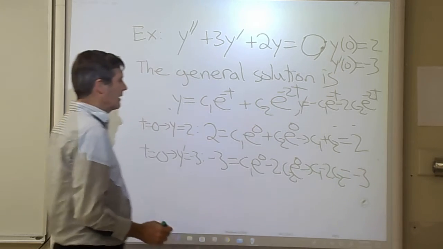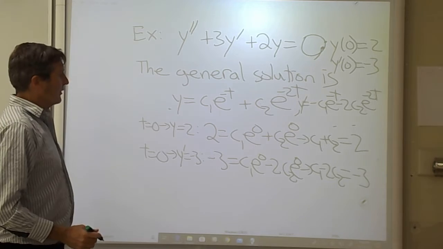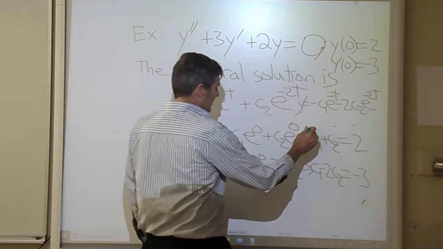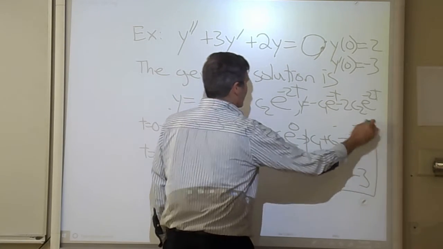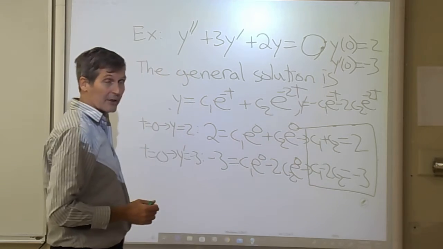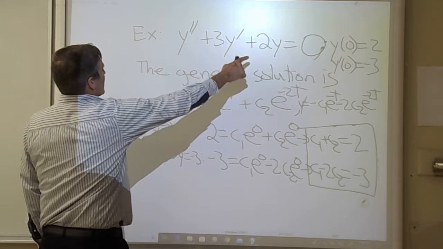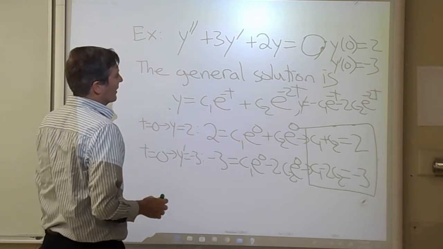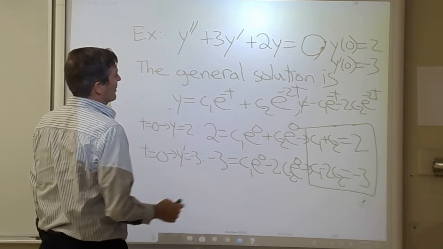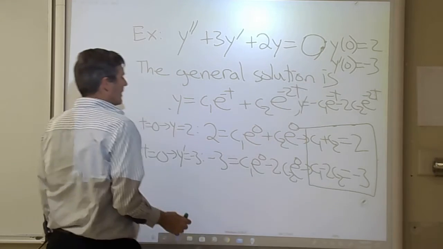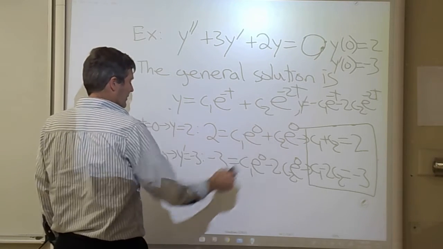Now this gives us two linear equations for two unknowns, c1 and c2, and we can solve these and we'll get a unique solution. So a second order equation gets two initial values, one for y and one for y prime at the same value of t. And here's the system of equations.